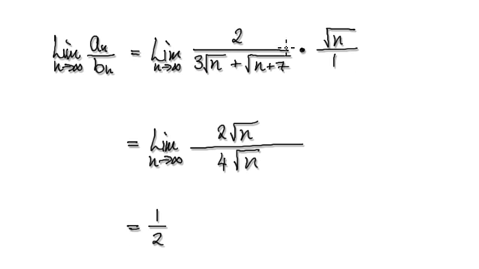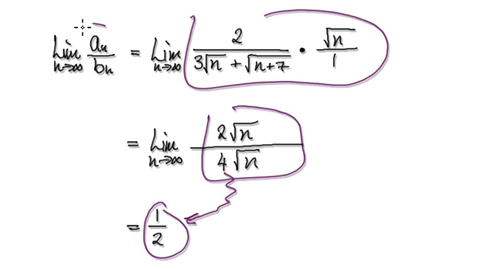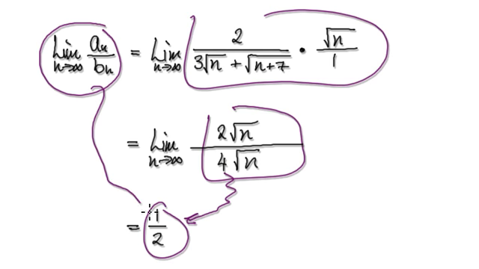This times this will give you this, and then as n heads towards infinity, this whole thing here will act as root n. So the limit of this will become this. So the limit will be a half. So we've just computed this value here, and it equals a half.